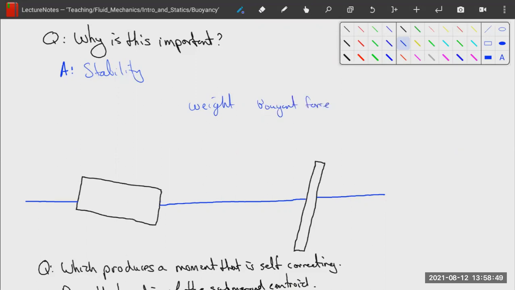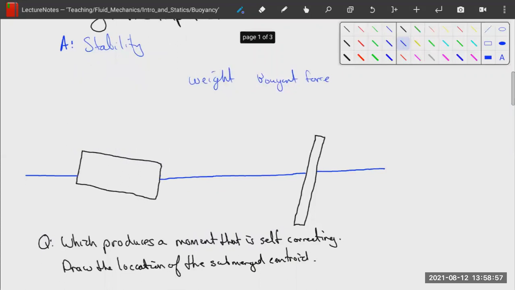Those two forces are going to form a force couple that either acts to oppose or encourage rotation. Let's look at two objects here that will serve as our examples of stable and non-stable. By the way, a stable object has a force couple that opposes rotation, and a non-stable object has a force couple that encourages rotation.